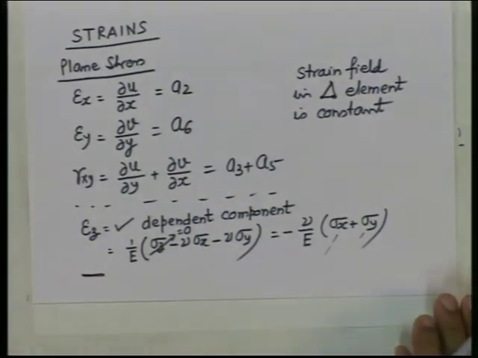That means, in the entire triangle, everywhere the strains will be the same. Normally it should not be, but it all depends upon your assumption. We have assumed a linear function, so because of that we are getting a constant strain field. A constant strain field will also give you a constant stress field. Stresses within the element will also be constant.